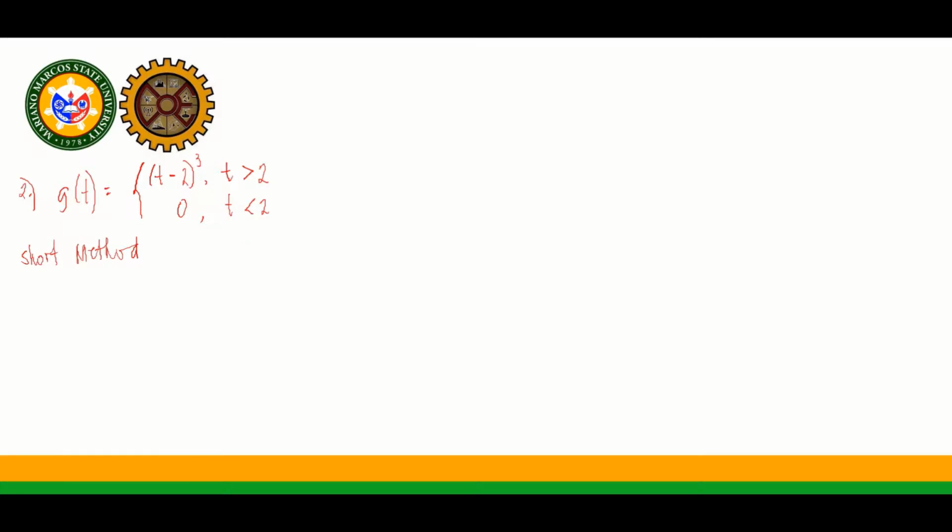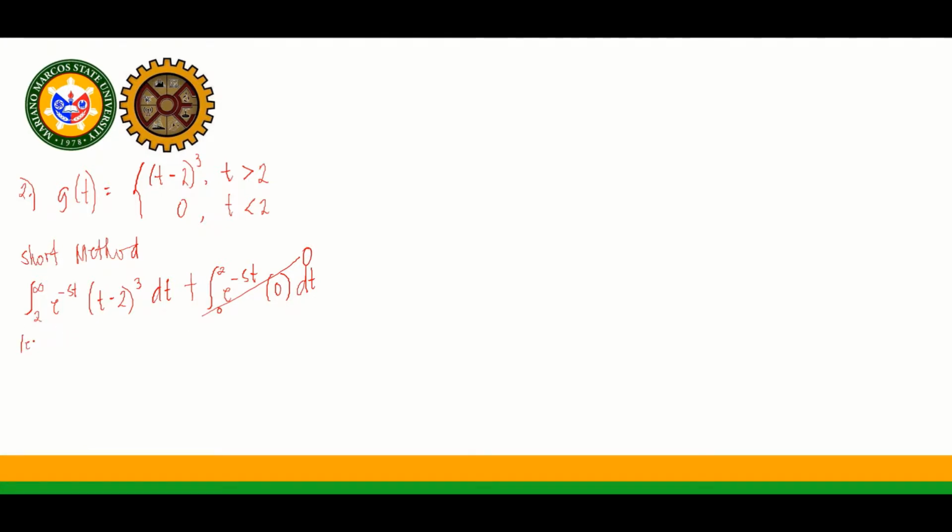Short method is what we will use, okay? So, this will be the integral of e raised to negative st times t minus 2 cubed dt, limits from 2 to infinity, plus the integral of e raised to negative st times 0 dt, limits from 0 to 2. Of course, this will cancel out and become 0, so we will be left with this one.